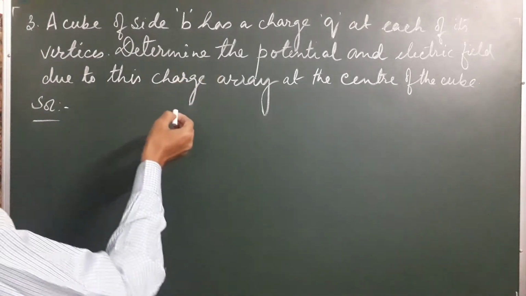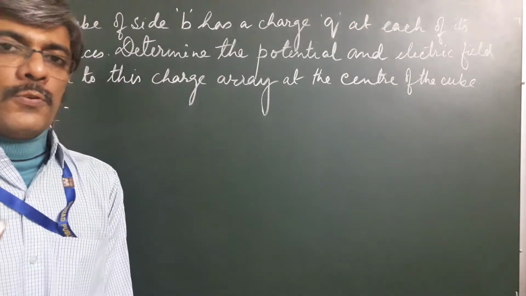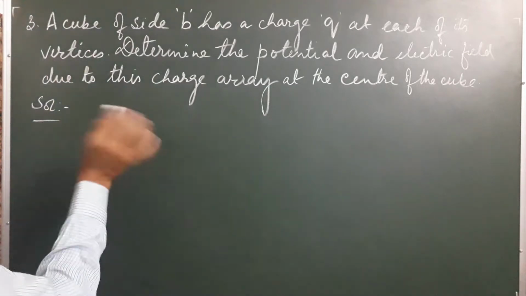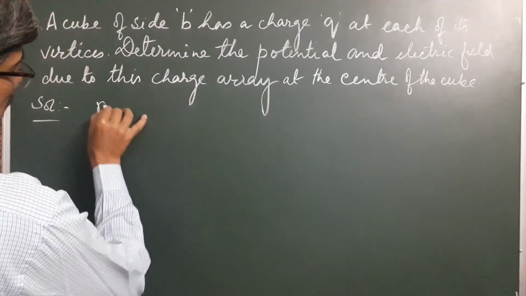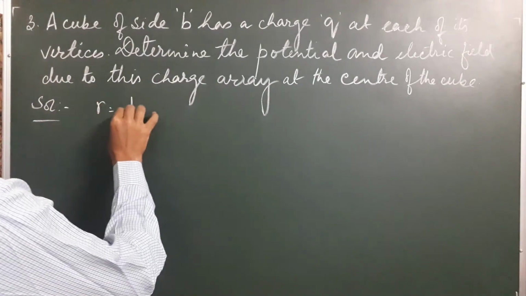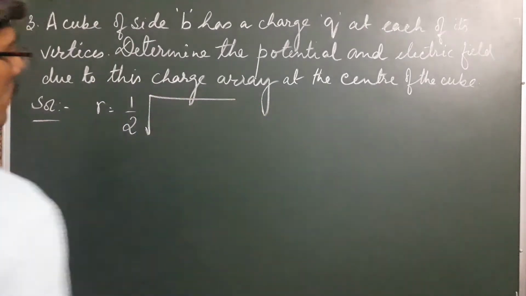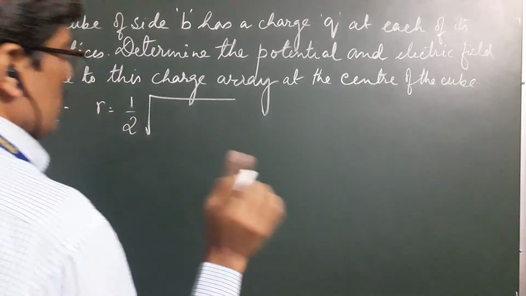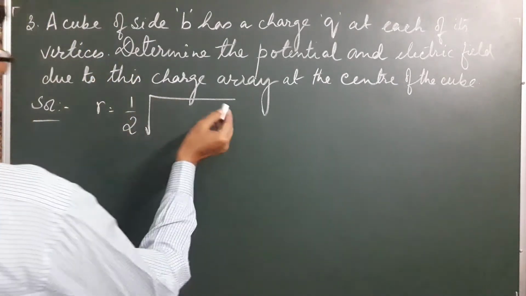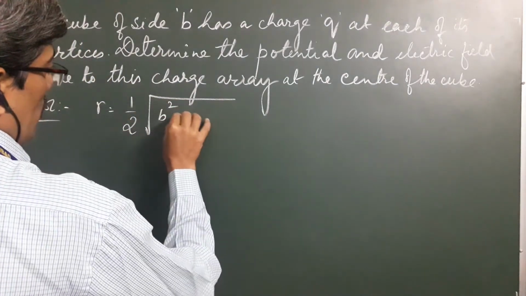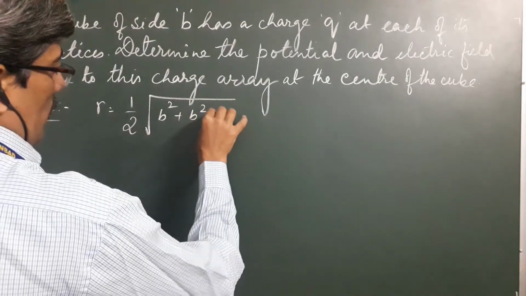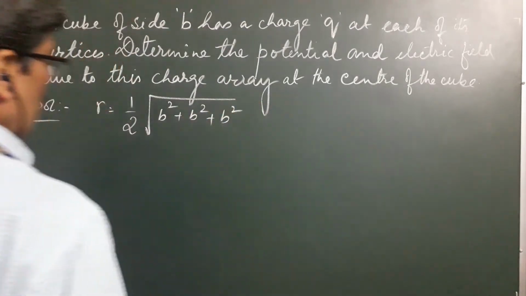Now, the distance of one vertex from the center of the cube, let it be r. Let us first find out that r equals half the square root of the sum of the side squares. So it's a cube, therefore all sides are equal.